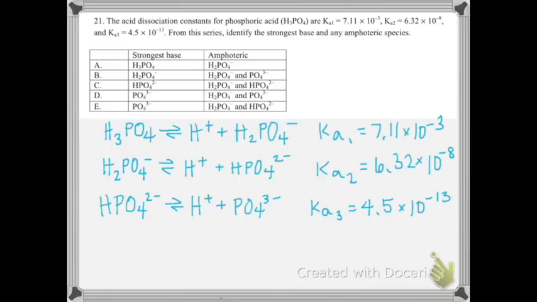Okay, for number 21, they give us the Kas relating to phosphoric acid dissociation. And they want us to identify the strongest base in any amphoteric species. Okay, so we know that the strongest base will come from the weakest acid.